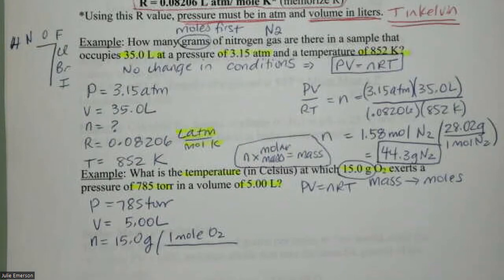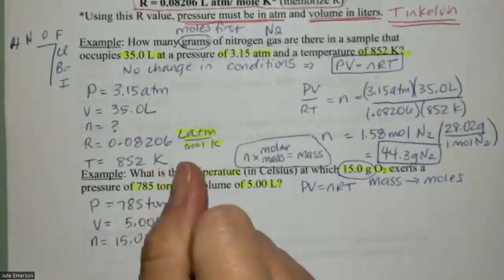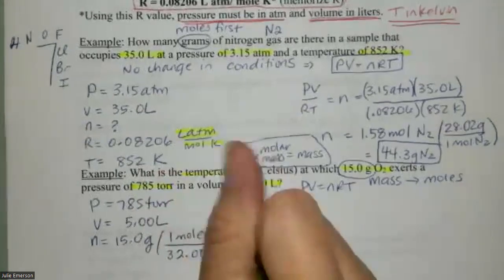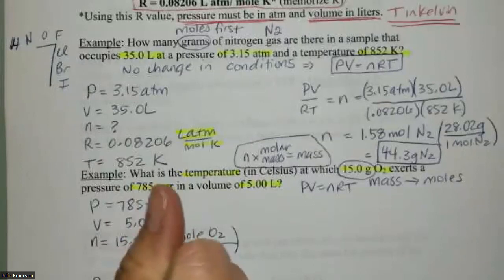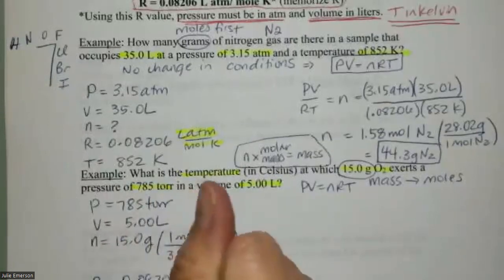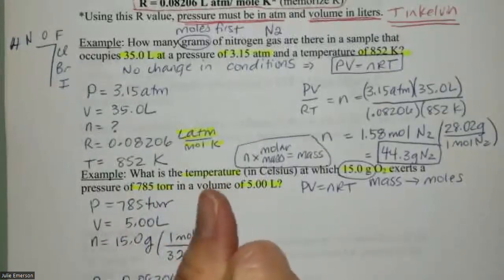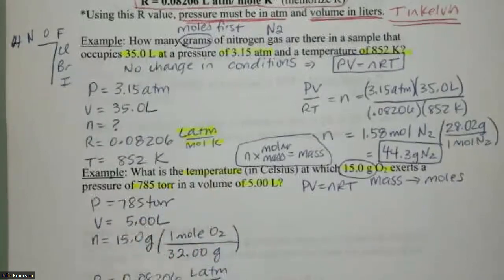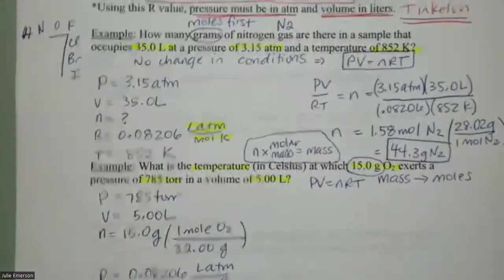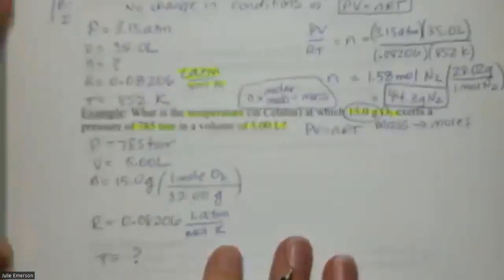So 16 times 2 would be a molar mass of 32.00. All right, I'll come back to that. R, always 0.08206 liter atmosphere per mole Kelvin. And then temperature is our unknown. That's what we're trying to look for.